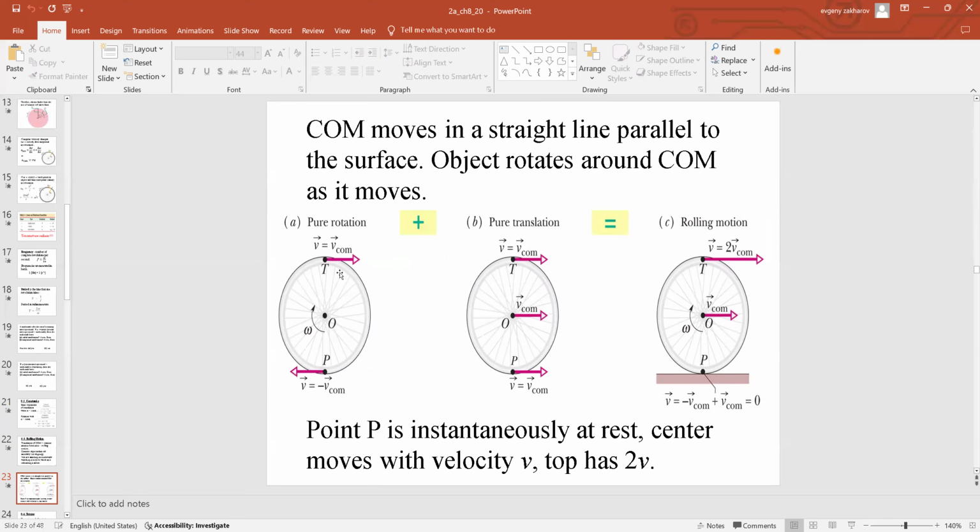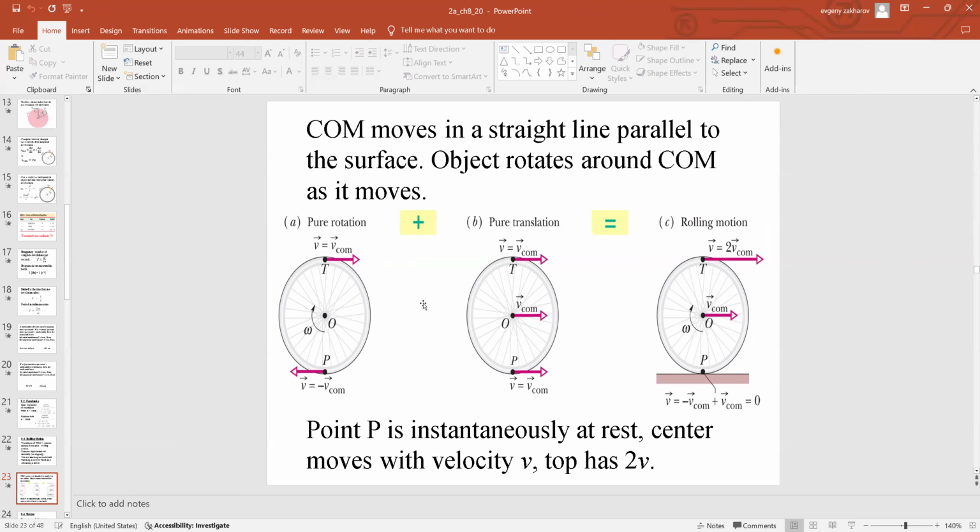You see the bicycle wheel will rotate with respect to the axis of rotation O with a certain angular velocity, and the bicycle will travel in a certain direction. So there is a straight line motion in a certain direction. So the center of mass of the bicycle wheel will actually move in a certain direction.